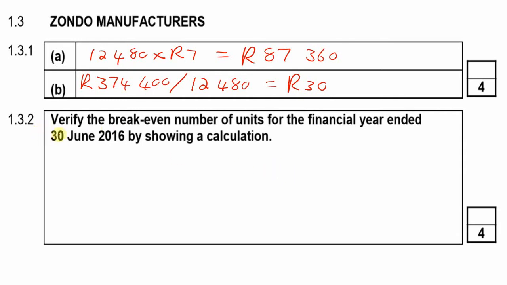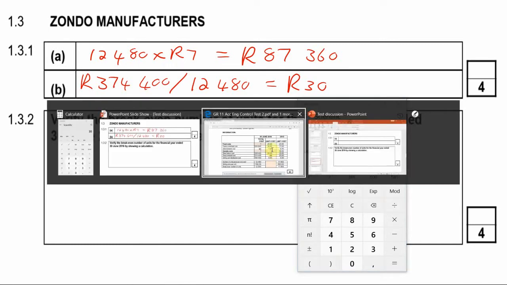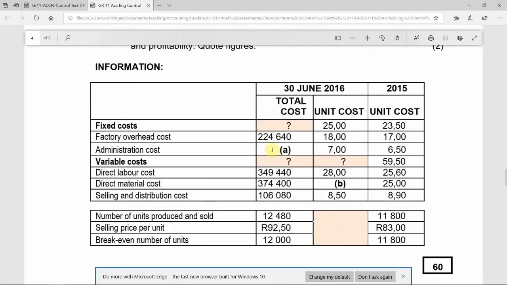So for 1.3.2 we have to verify the break-even number of units for the financial year ended 30 June 2016 by showing a calculation. It's a verification, as they already indicated that for the 2016 year the break-even units were 12,000. So now we need to know how to calculate break-even.